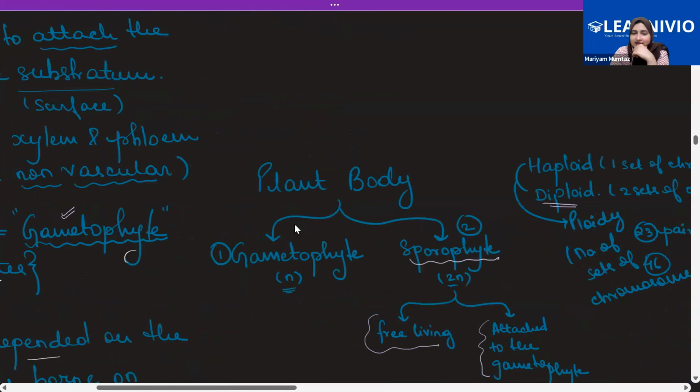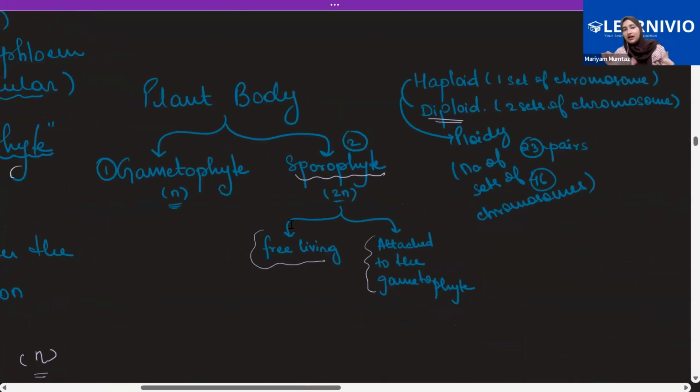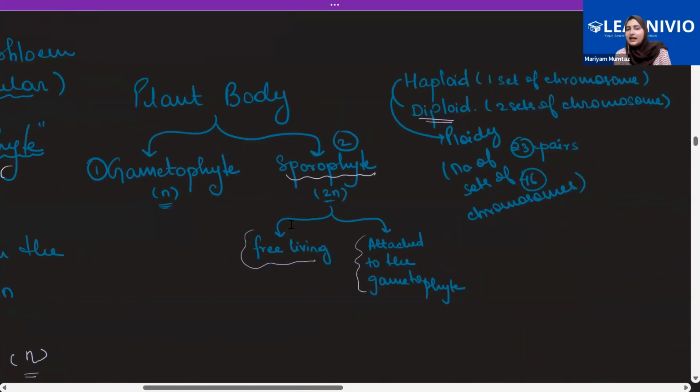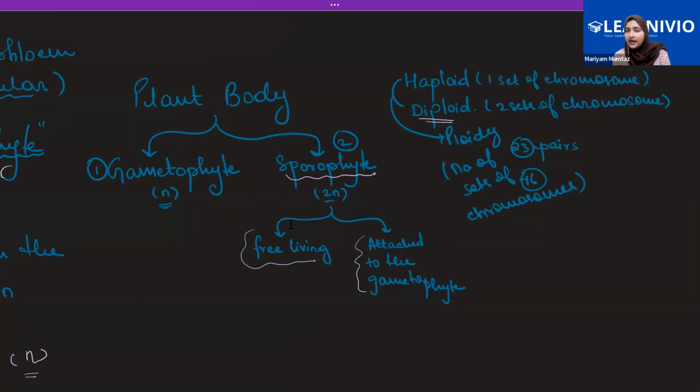Now, one more thing. See, this funda in plants is that the plant body can be of two types. The plant body can be a gametophyte if the whole plant body is haploid. And they can be sporophyte if the plant body is diploid. So normally we have seen that the gametes are haploid, right?